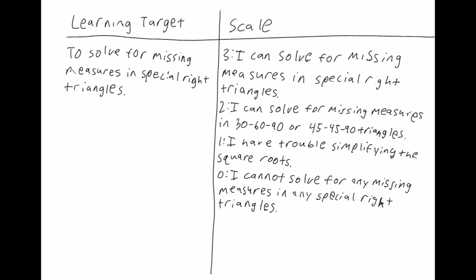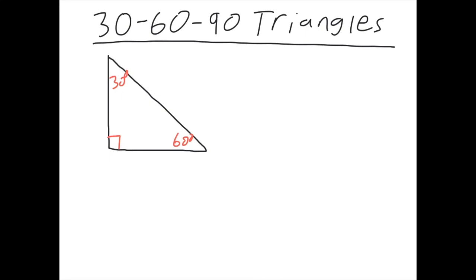Let's get started. So the first special right triangle is what we call a 30, 60, 90 triangle. So we've got one angle that's 30 degrees, one that's 60 degrees, and then one that is 90 degrees, the right angle. And so we've got 3 parts of the right triangle.